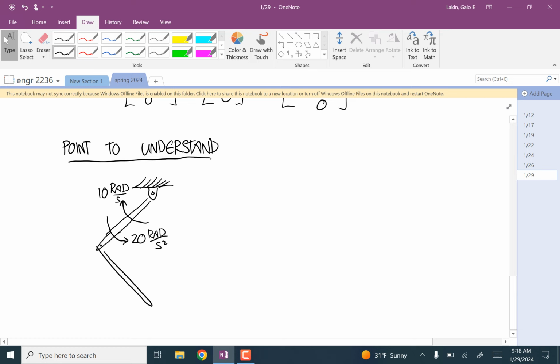And then for the second one, we have an angular velocity of 10 radians per second and an angular acceleration of 20 radians per second squared. What does this motion look like?